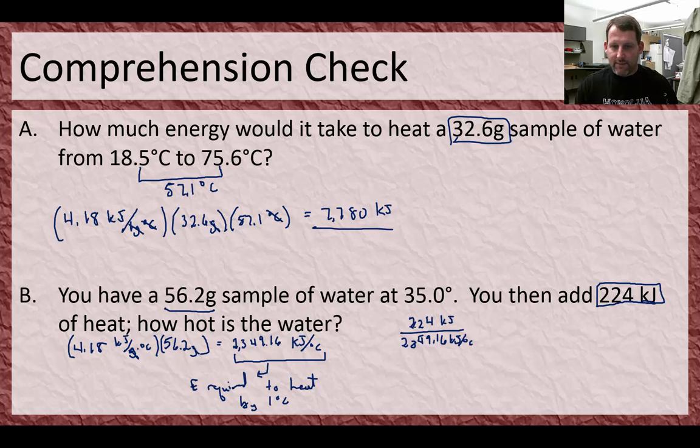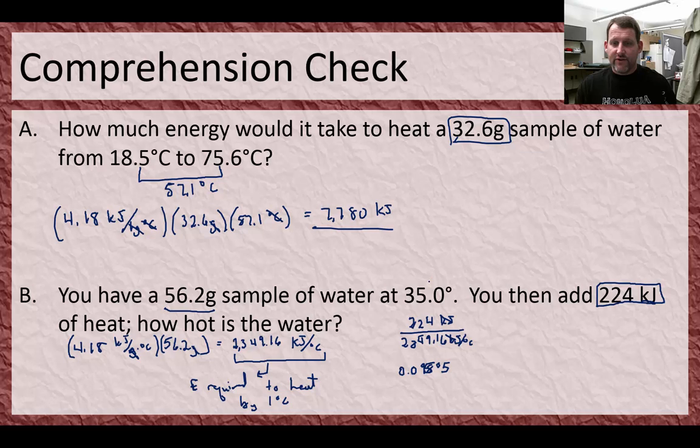Now, this is a little sloppy here, I apologize. When you do that, the kilojoules cancel, leaving just degrees Celsius. You end up with 0.095 degree Celsius. I did it again. That should be a 5.